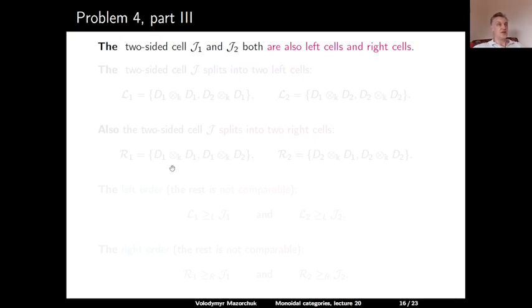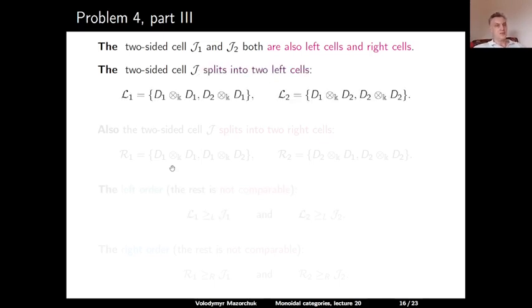Also, since J1 and J2 are singletons, they are at the same time left cells and right cells, while the big two-sided cell J splits into two left cells: the left cell L1, where the right component is fixed as D1 and the left component is either D1 or D2. So we have two indecomposable projective bimodules in L1.